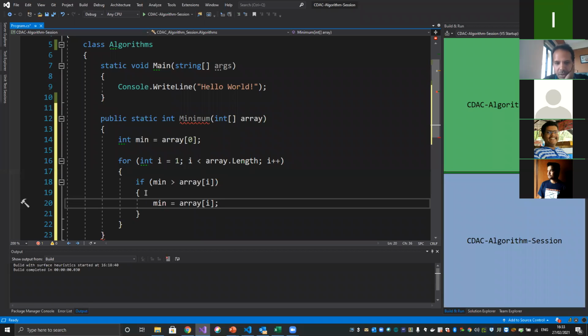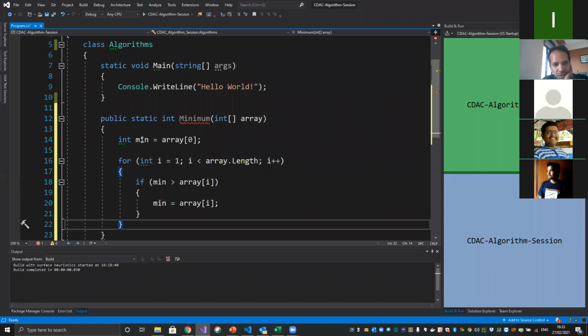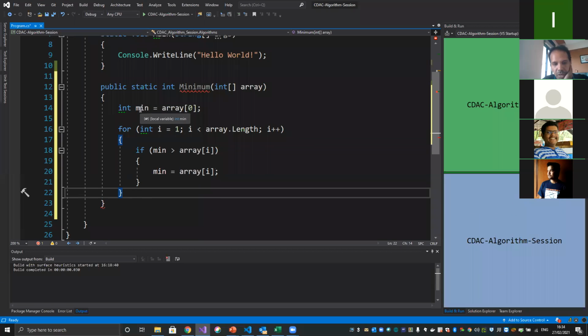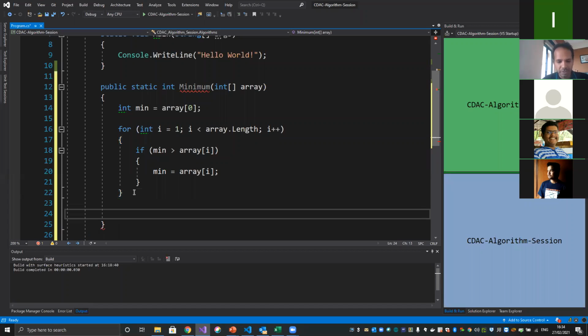So the naming min perfectly goes with its function within the scope. And when the whole iteration finishes, what we have in min is the minimum of the entire array, and we return that.